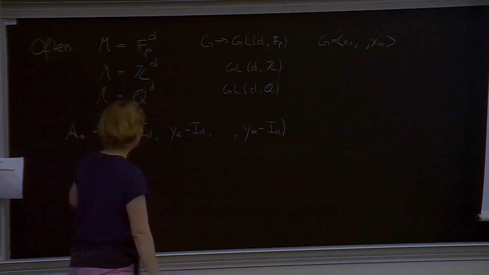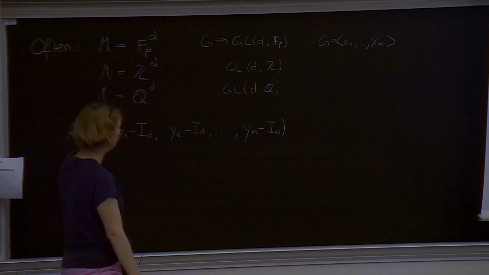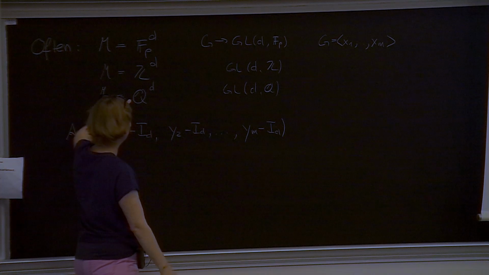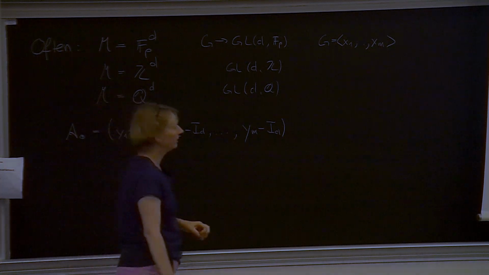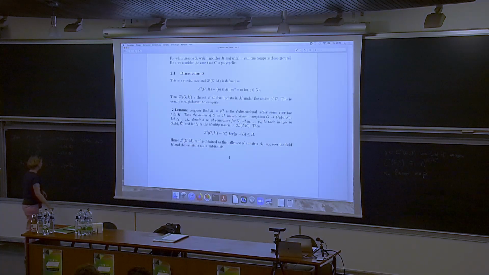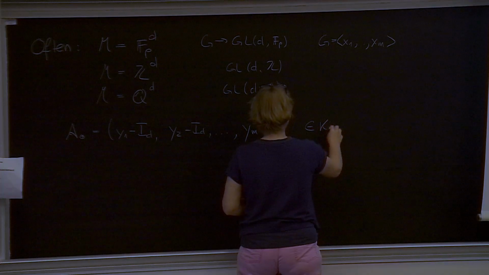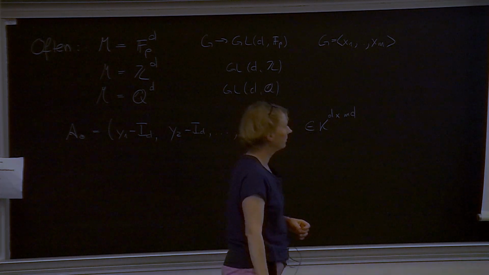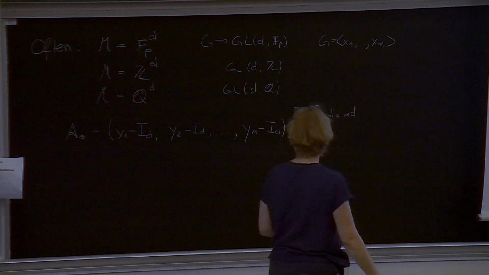That's a matrix over your field, which can be the finite field, the integers, or the rationals. And the dimension of the matrix is given as D times MD. Okay, D times MD. And Z0 is the null space of that.